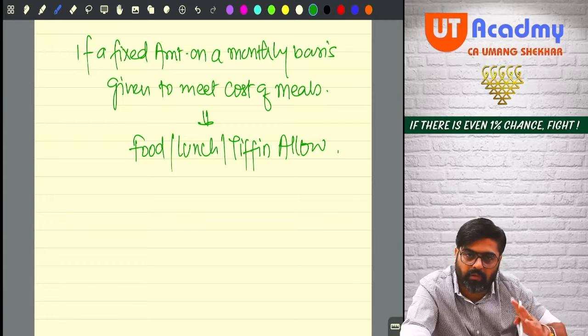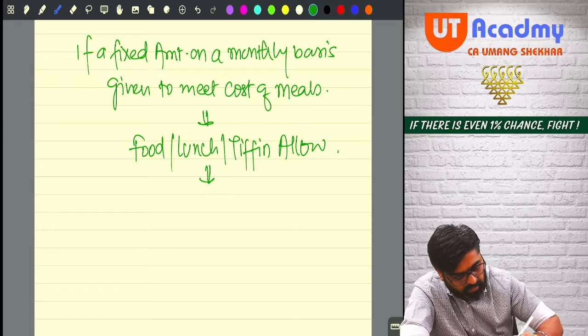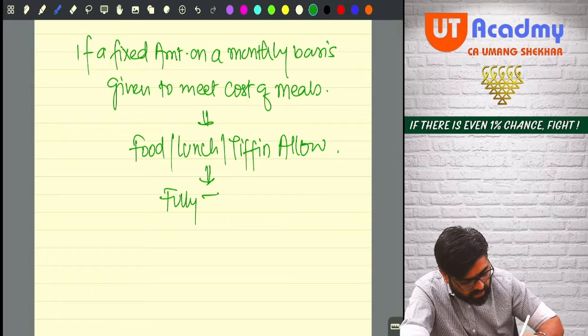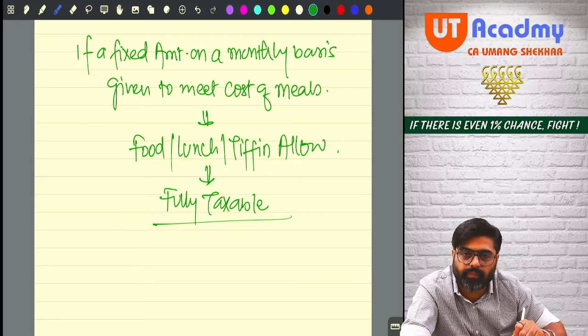You can call it food allowance, lunch allowance, or tiffin allowance. What will happen? This will be fully taxable. Will you remember?